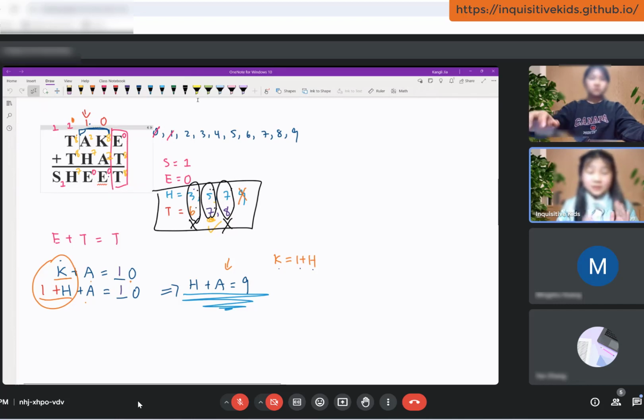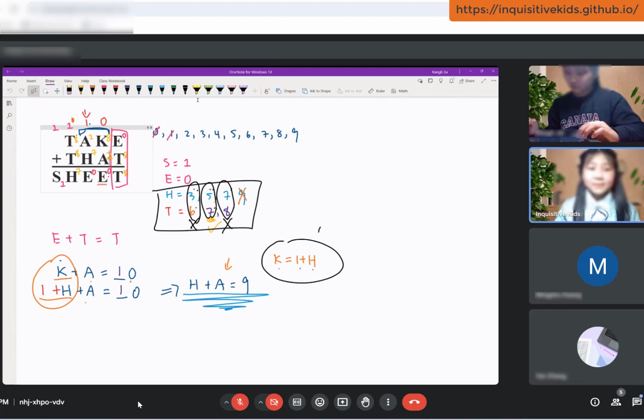But we know since there was 1 carried over from the 10 to the hundreds, we know that k has to be a plus 1. K has to be 1 more than a.